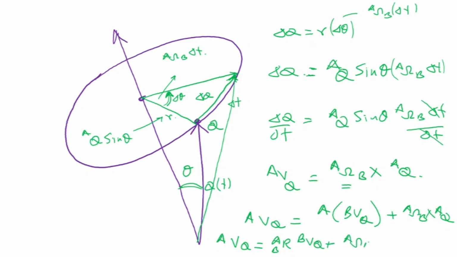So here it is ᴬQ. To convert it to ᴮQ, I just have to put the rotation matrix, right? So this is considering the velocity of the point moving in frame B expressed in A, plus the linear velocity because of the rotation.